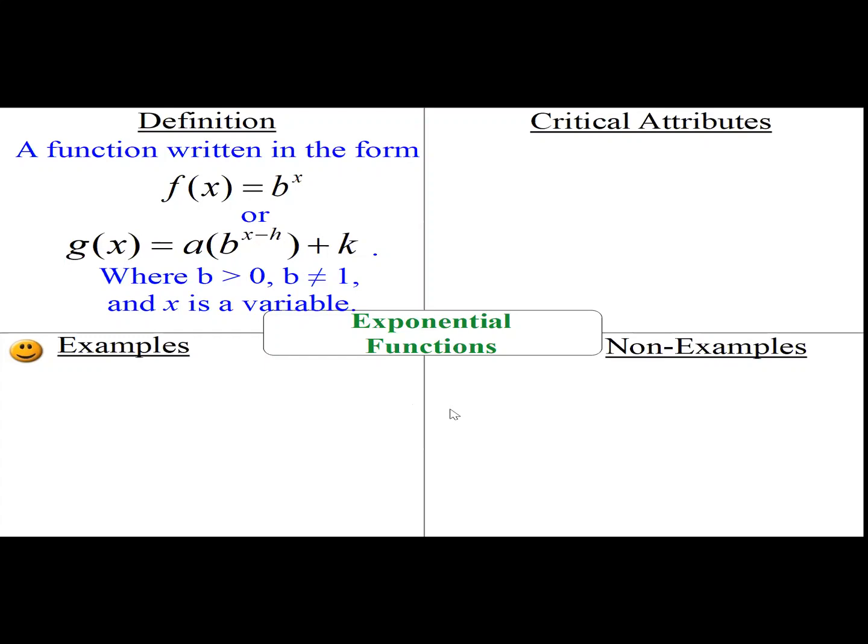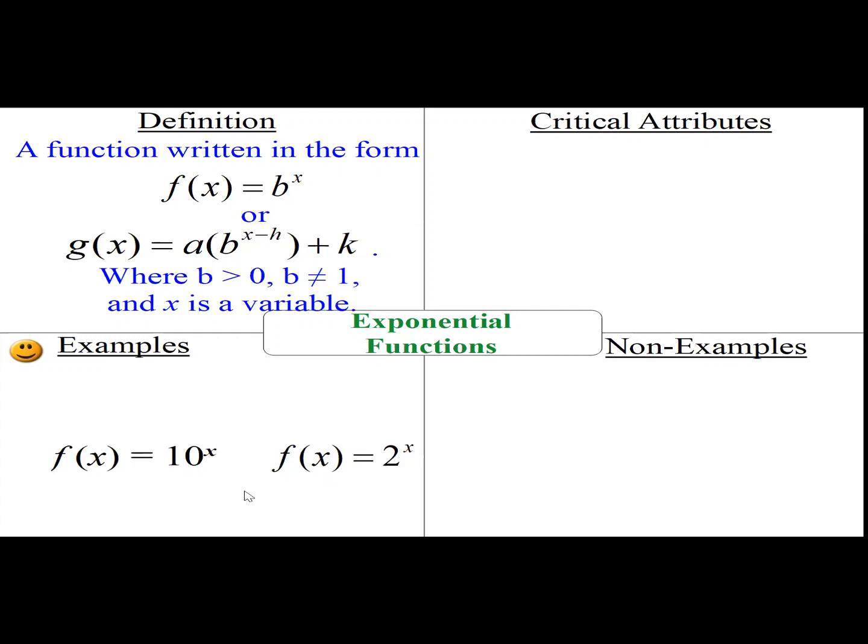Okay, examples. F of x equals 2 to the x, and f of x equals 10 to the x. Now those two, do you guys see that those are pretty familiar? Yes? Yes, because I gave you those on the warm-up. Why was I trying to get you guys familiar with these two?